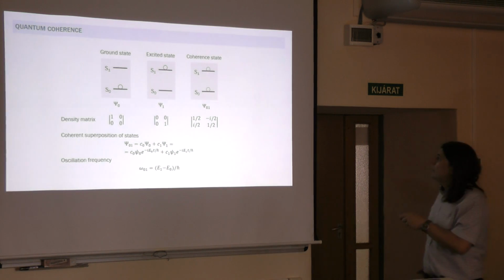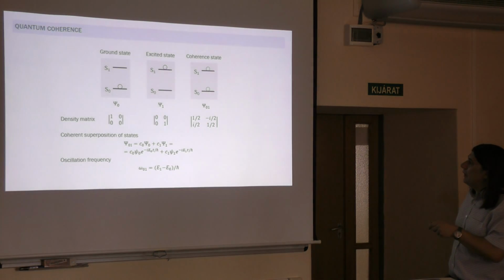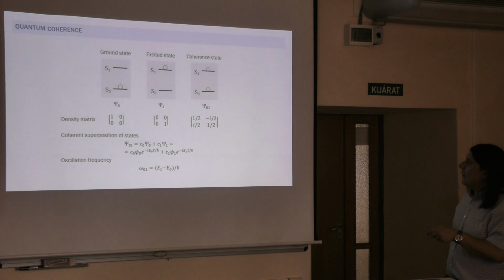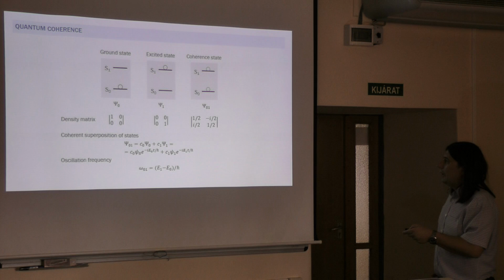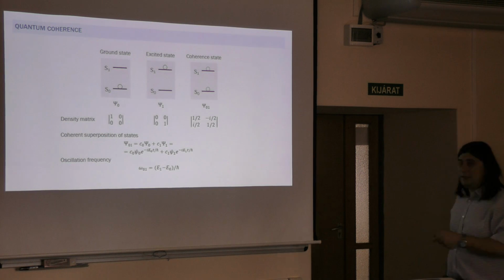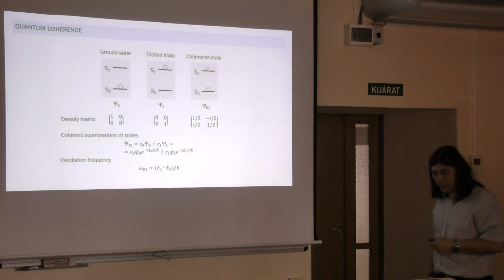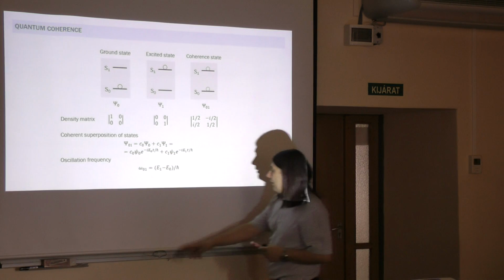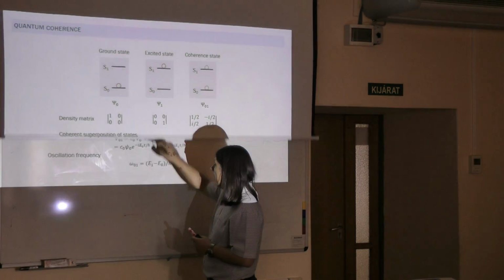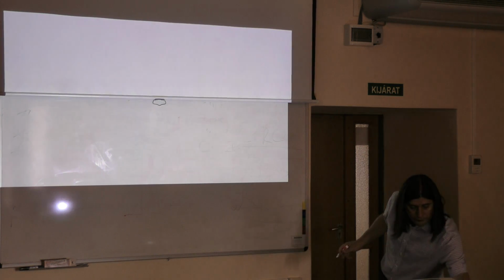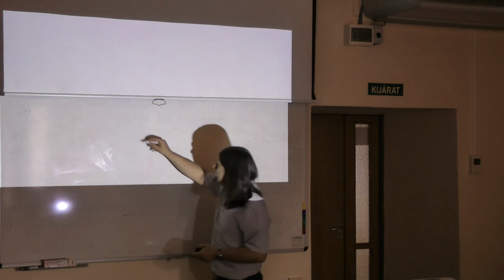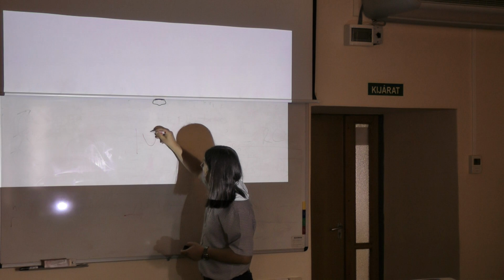Okay. So also it's nice to know, when we talk about coherence, it's very useful to use the density matrix. The density matrix is defined like this. This is the wave function, right?